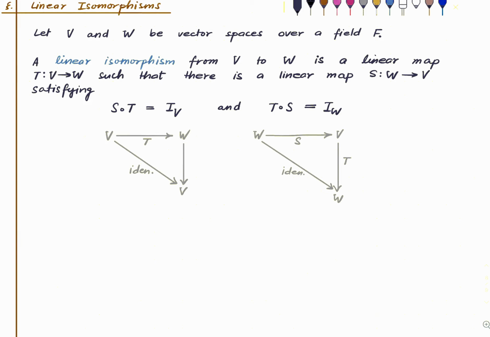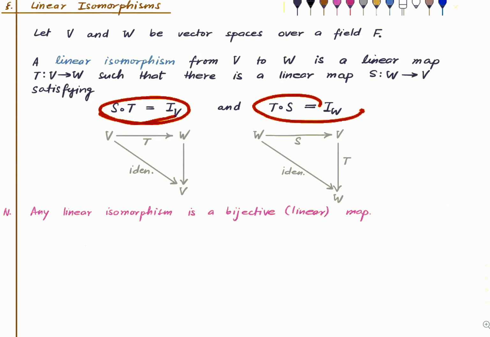First of all, note that any linear isomorphism is a bijective linear map. Why is it a bijection? Well, by definition, these two conditions force that it is a bijection.